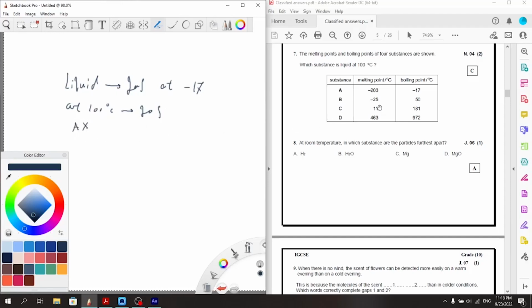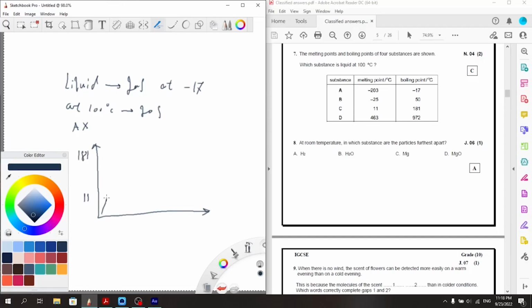Alright. Option B is the same idea, minus 25 and 50. The boiling point 50 is still below 100, so we're not going to consider that one. We have either C or D. In C, we have a melting point of 11 and a boiling point of 181. So if we quickly draw a graph, here we have 11 and here we have 181.